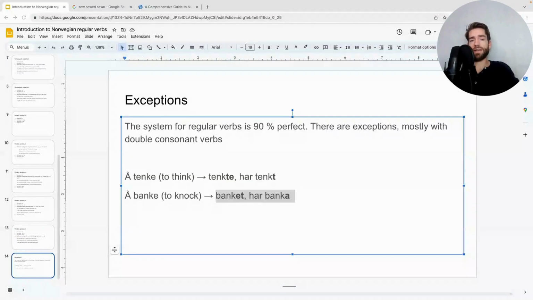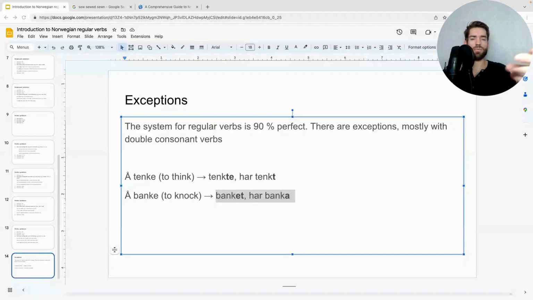Lastly, what I'll have to say here is that the system I've shown you here perhaps is not 100% consistent, maybe 90%. There are certainly exceptions, mostly with double consonant verbs and other verbs which perhaps should look like they are in the second category, but they turn out to be in the first category, let's say. So you think they may be et verbs, but they are te verbs, for example. So we have tenke, which becomes tenkte.